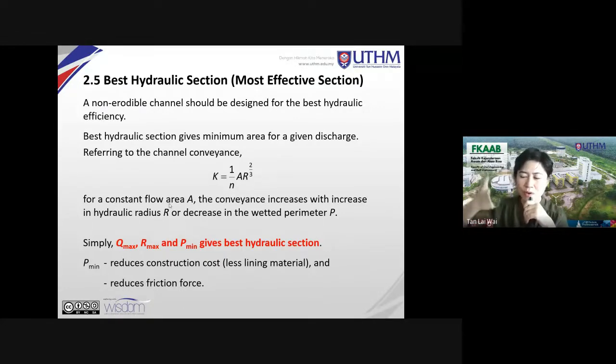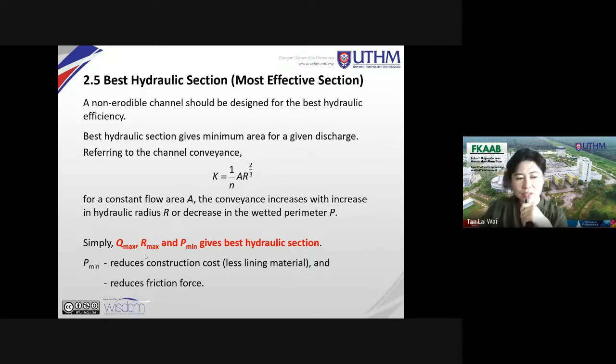Best hydraulic section gives you maximum conveyance. That means maximum Q. When I say maximum Q, if you look at this expression here, you will expect maximum R as well, because R is directly proportional to Q. I hope you still remember, the channel conveyance K is Q divided by S naught to the power of half, since the definition is the carrying capacity over longitudinal slope, and or minimum P. Remember, your R is A over P. If you have small P, this term is going to increase, and your Q will increase proportionally as well.